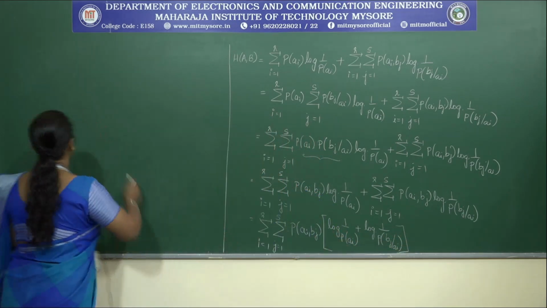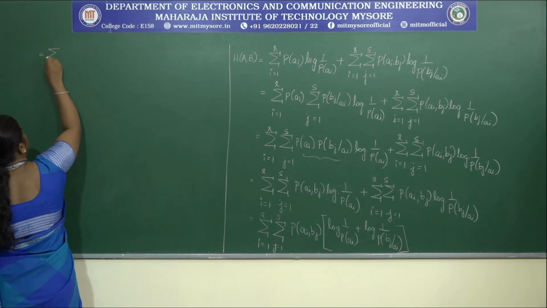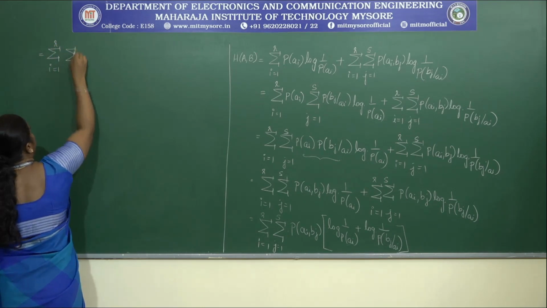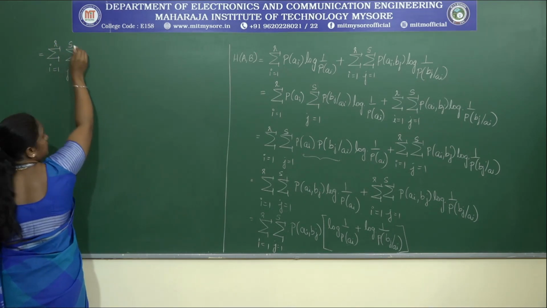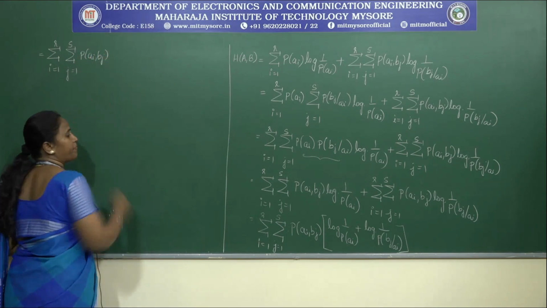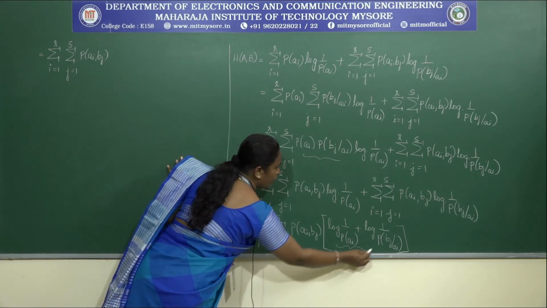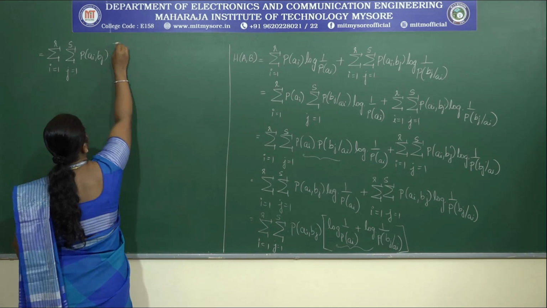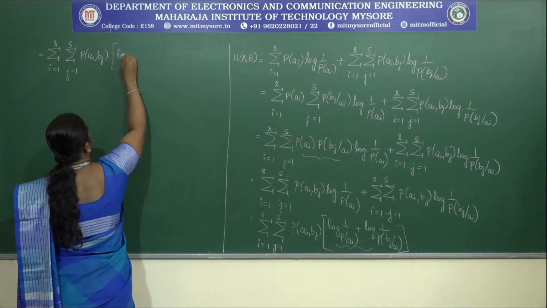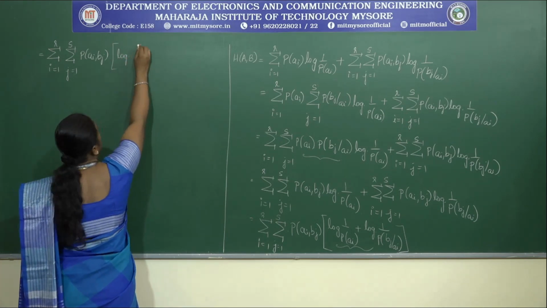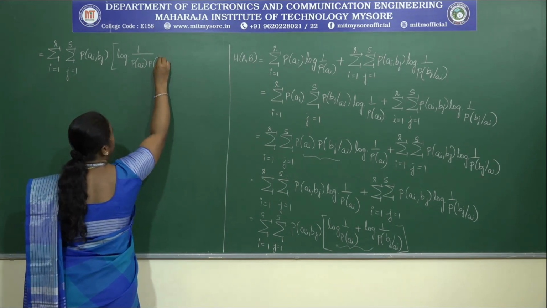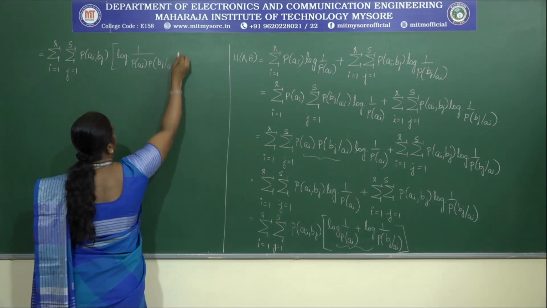Okay, further this equation can be written as the double summation of i equal to 1 to r, j equal to 1 to s, p of ai comma bj, and this is in the form of log a plus log b. So it is log of 1 by p of ai into p of bj by ai.